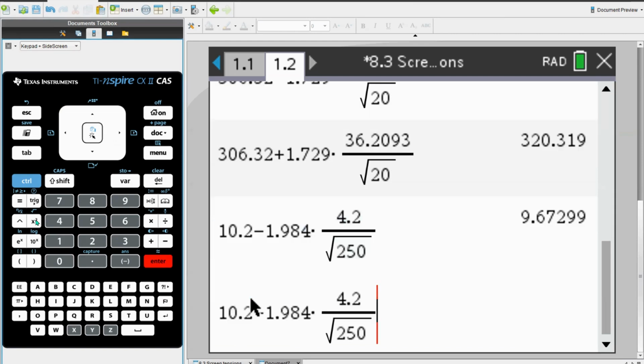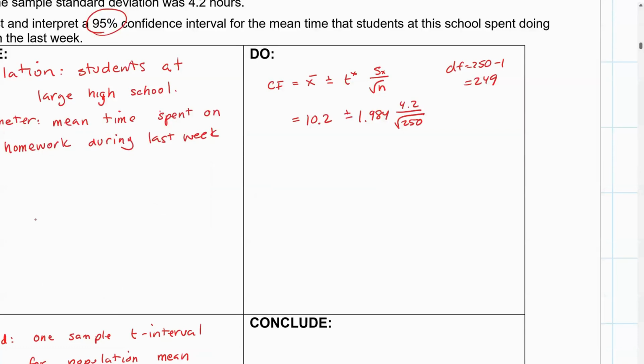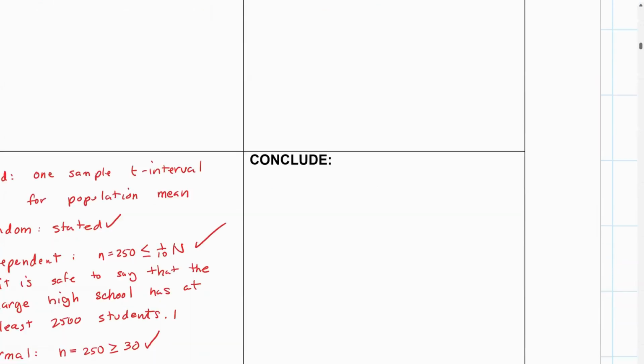Let's go up here twice. Change this to plus, and there's our upper bound of 10.727. All right, 9.673, comma, 10.727. And now we're ready to interpret that value.